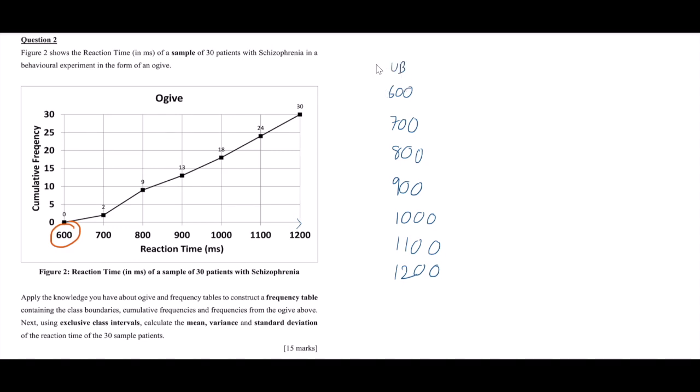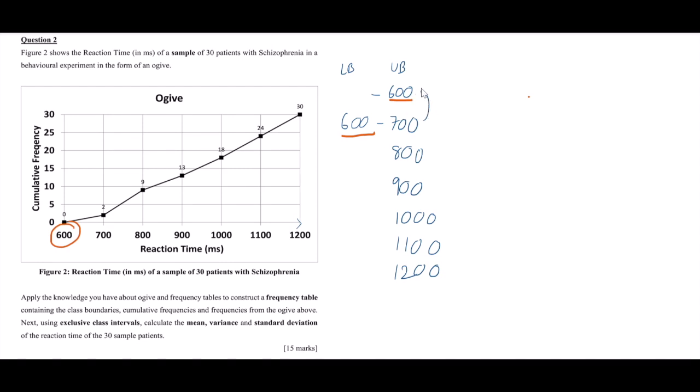And what would be the lower boundaries? If you still remember, the upper boundary of the previous class would be the same as the lower boundary of the next class. So this value would be 600, and the class width is 100.